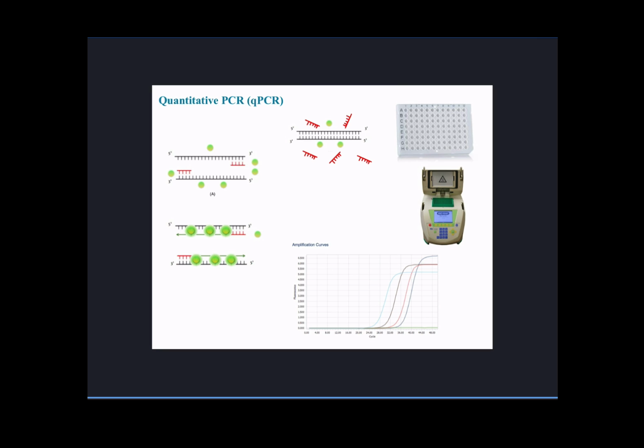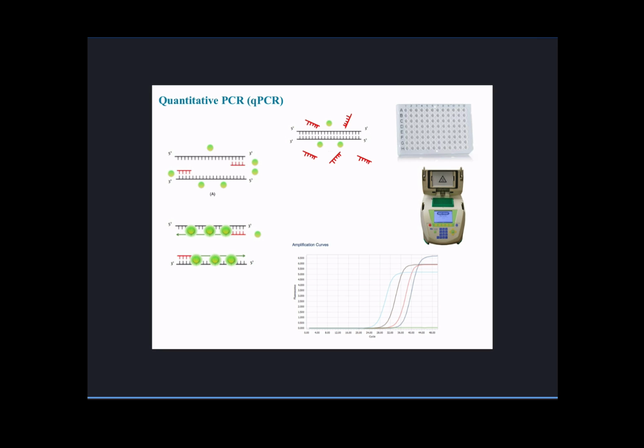So the way this works is, as the PCR starts taking off and gets into the linear range, the more template molecules you had at the beginning, the faster you will reach that linear range of fluorescence that the machine can detect and say, okay, now we're in the linear range.